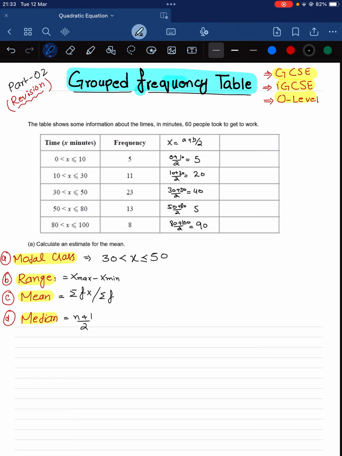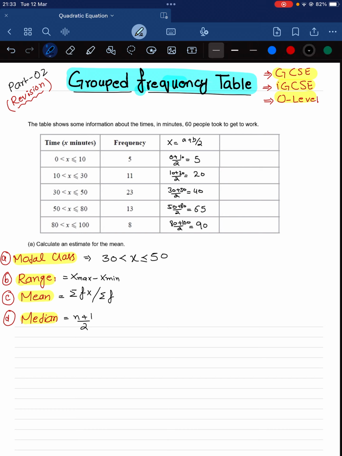Then 50 plus 80 is 130, over 2, so it's 65.